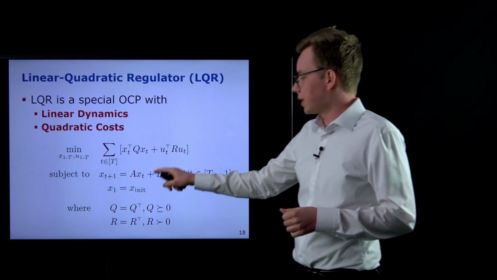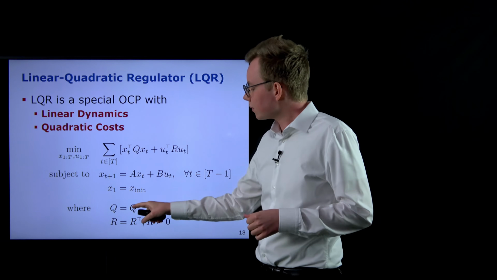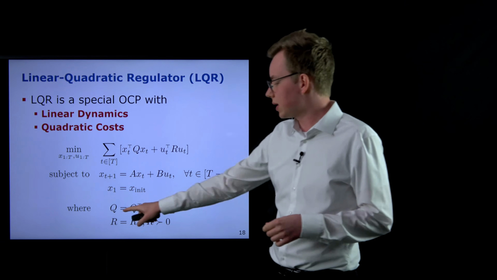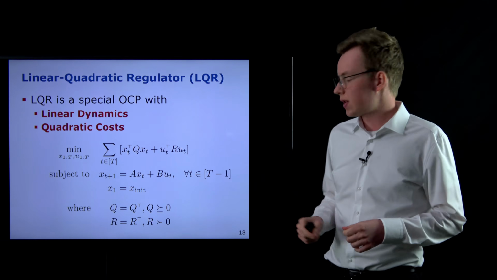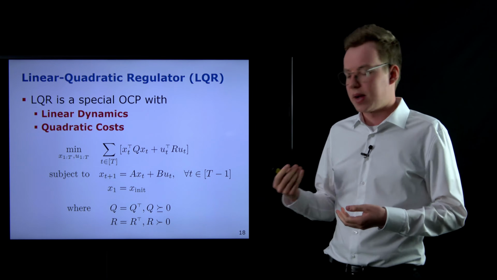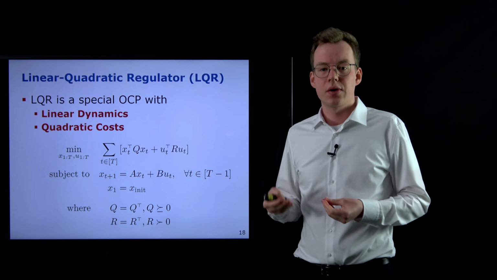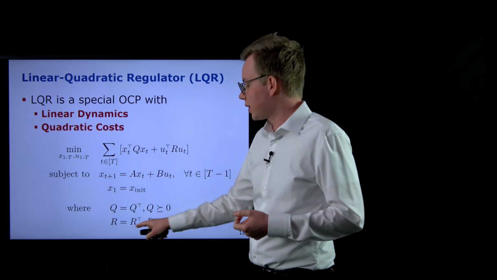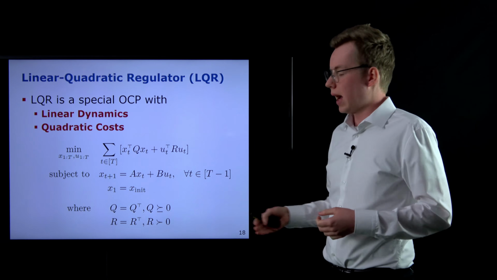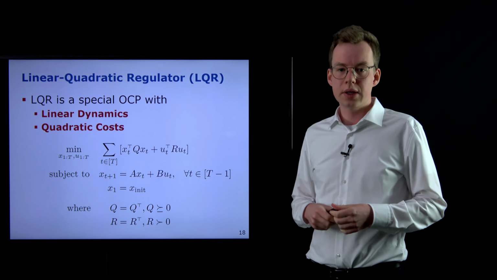And the last important assumption that we will make use of here is that Q must be symmetric, so Q must equal its transpose, and must also be positive semi-definite, which means that it must have eigenvalues greater or equal to 0, and R must be strictly positive definite, meaning that it must have eigenvalues only greater than 0.